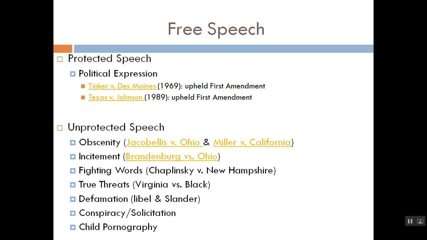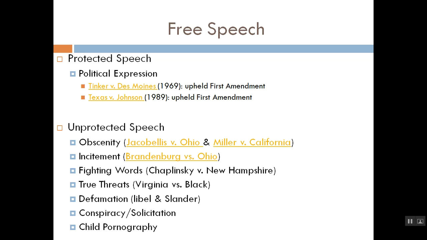But it adds a second requisite. So the speech is incitement if it is directed at inciting imminent lawless action and it is likely to produce such action. So if you're trying to start a panic by shouting fire in a movie theater, that'll probably work.